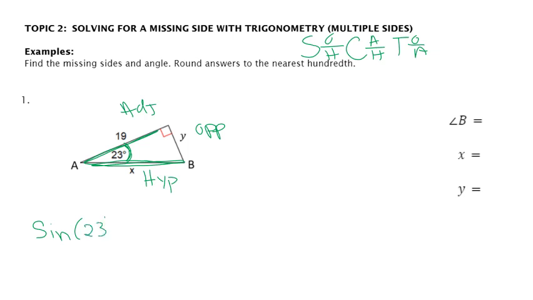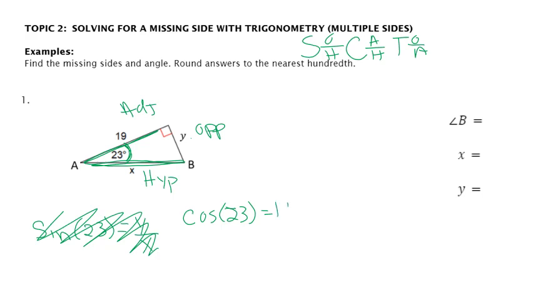So you might find that sine of 23 is going to give you y over x, which doesn't really help us with this problem, right? There's too many variables. So I know I'm not going to use sine at all for this problem because there's too much going on. If I do cosine of 23 is 19 over x.